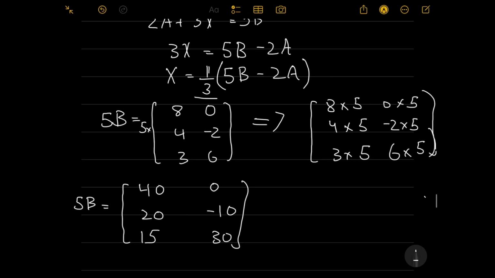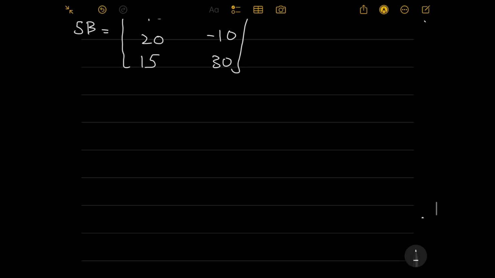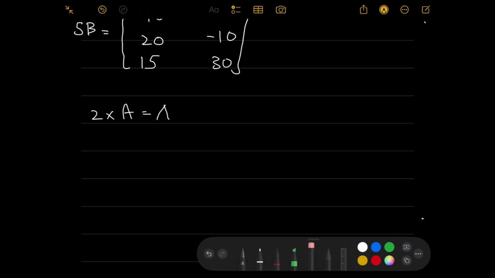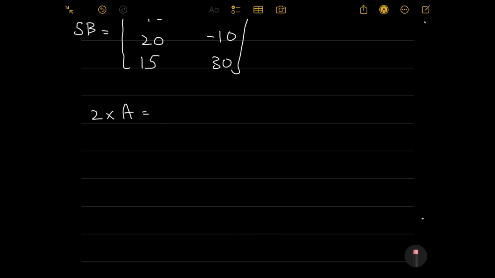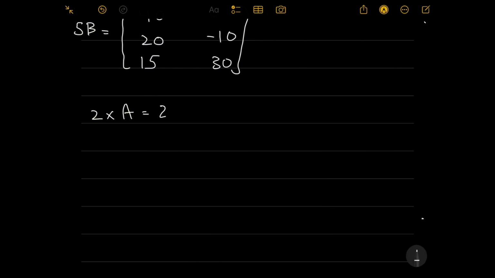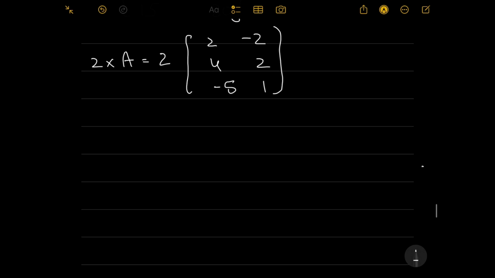Now we're gonna find 2A. So 2 into A, multiplying 2 with matrix A, which is 2, minus 2, 4, 2, minus 5, and 1.